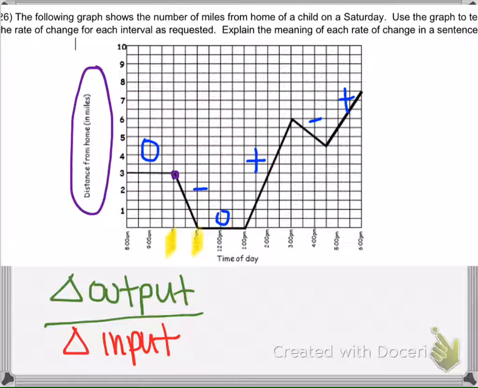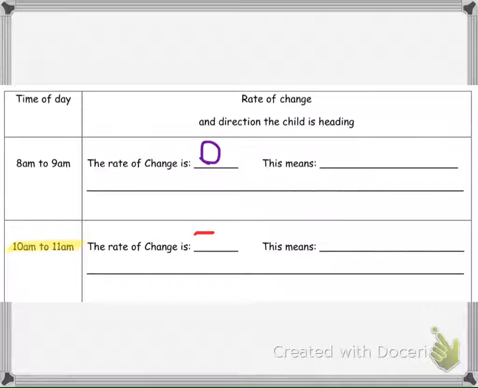From here to here, the child is changing 3 miles, and every 1 hour. So we would get negative 3. Now we need to explain what that negative 3 represents.